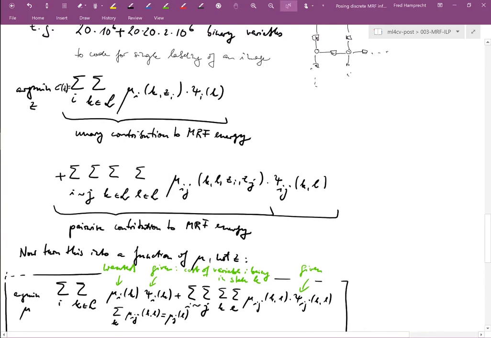Without any constraints, I could just set all the mu's to 0. Yes. So if all my potentials are non-negative, then the optimum solution here would be to set all the mu's to 0. But that means I get out no labeling at all, because I wanted my mu to be a one-hot indicator vector. So I want one of the labels to be chosen actually. And to prevent this kind of trivial solution, which is not a solution at all, I need a few constraints that we will look at after the break.